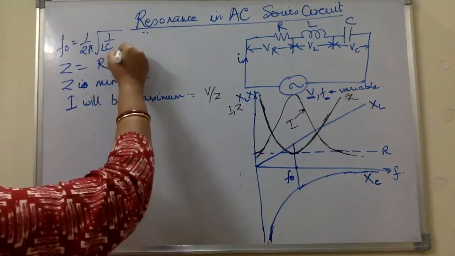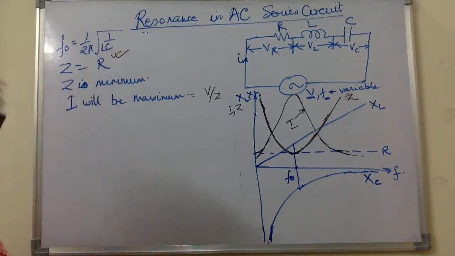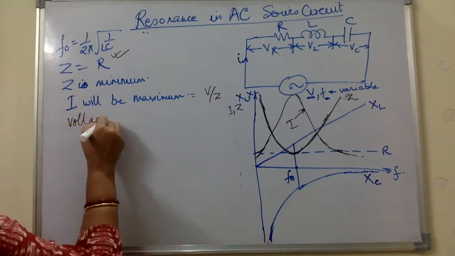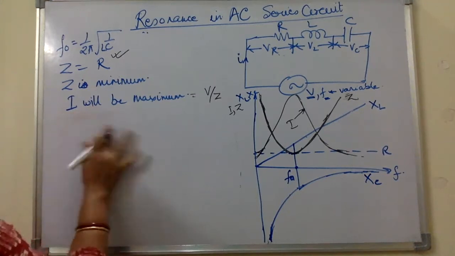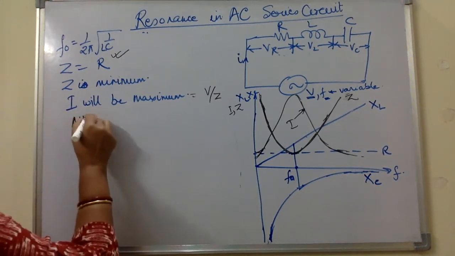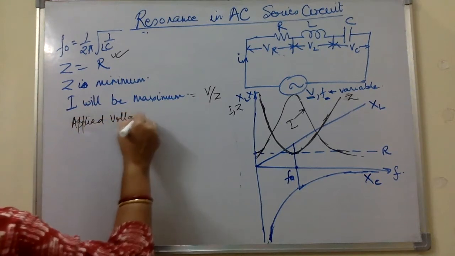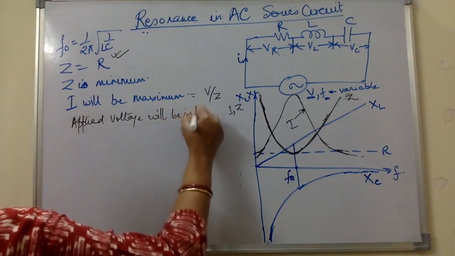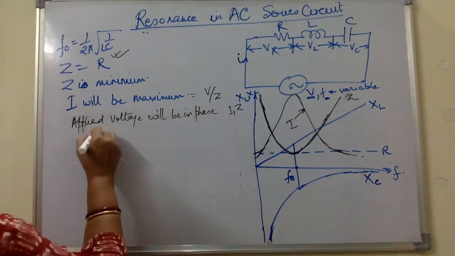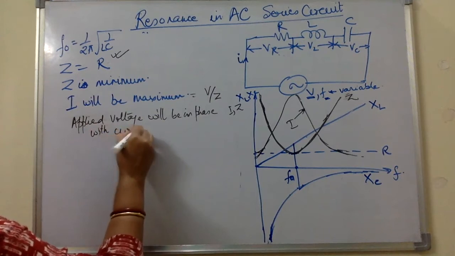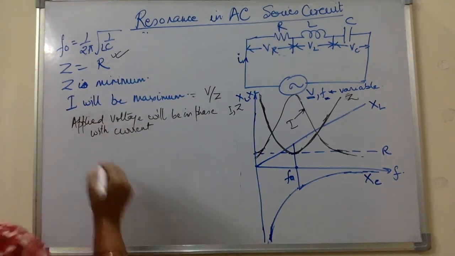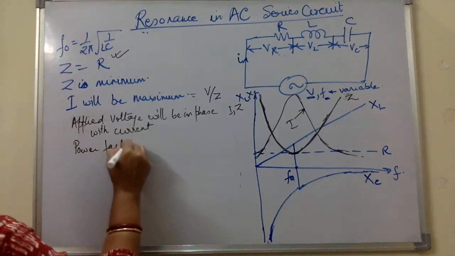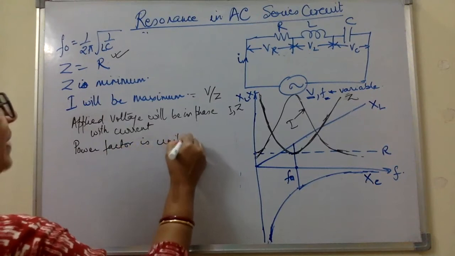Now, because the circuit impedance is only equal to resistance, this means that the applied voltage will be in phase with current. And what does this mean? If the applied voltage is in phase with current, this means the power factor at resonance is unity.